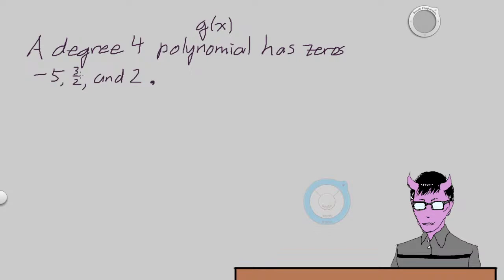Interesting. And then we are told very specifically that g of -1 is equal to negative. Oh, I almost messed it up. I don't know why I put a -1. It's only positive 1. So g of +1 is equal to -6. What is the equation of g of x?